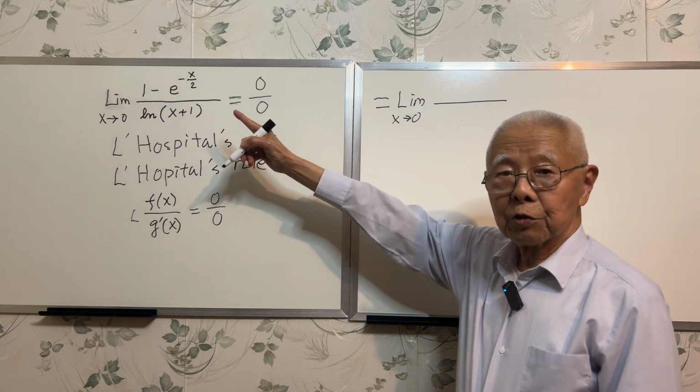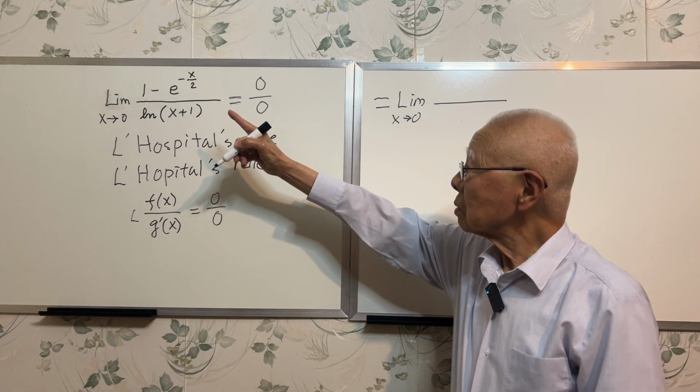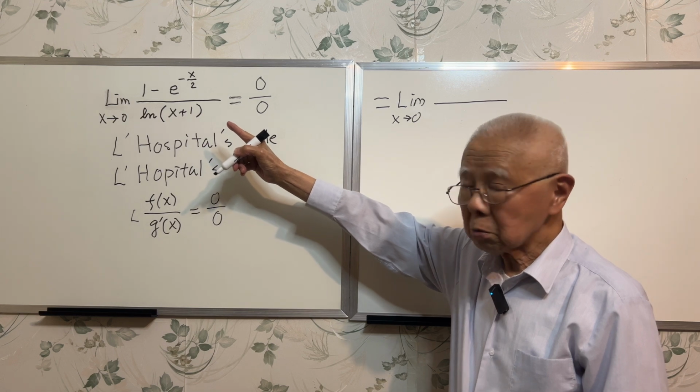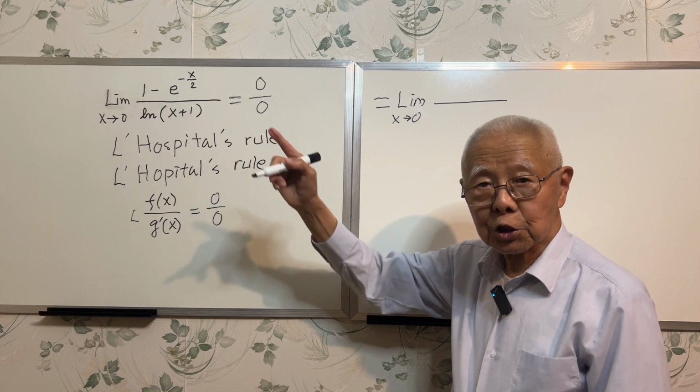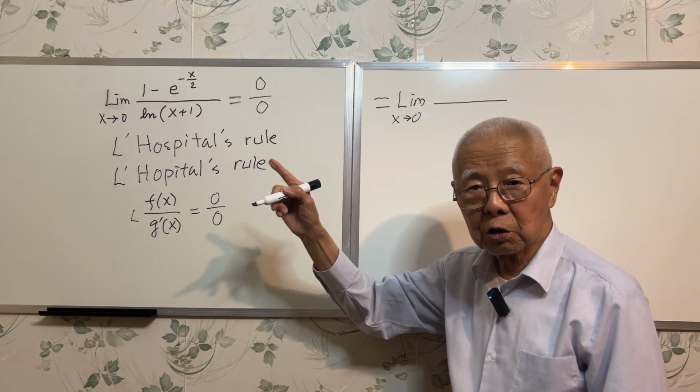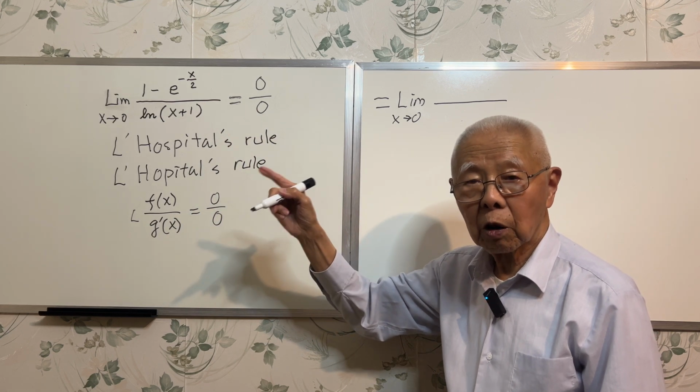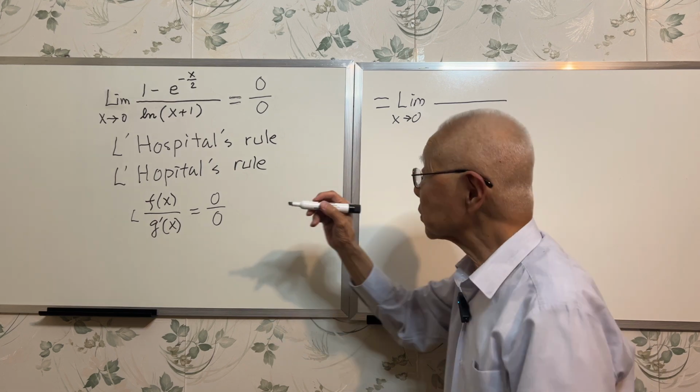The derivative of the numerator, derivative of 1 is 0. Derivative of the exponential function is to repeat the exponential function and do the derivative of the exponent.